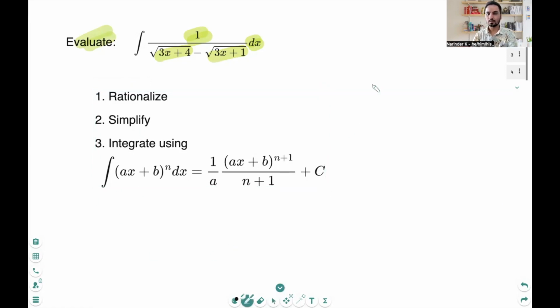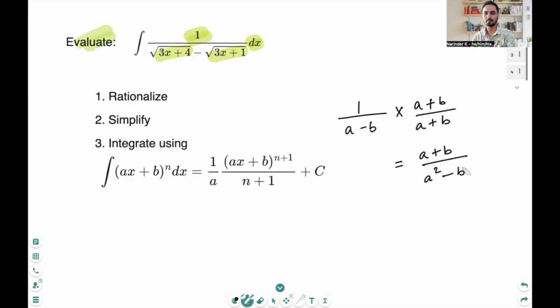Number 1, whenever you have something of the form 1 over a minus b and you are rationalizing, you multiply by a plus b in the numerator and denominator. So the expression becomes (a + b) divided by (a² − b²). Here, a is square root of (3x + 4) and b is square root of (3x + 1).